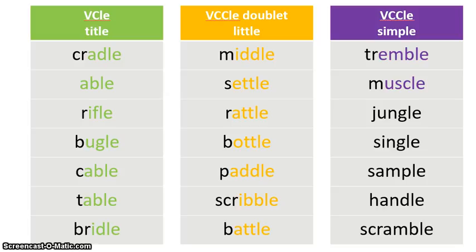Now you have the rest of those words there: jungle, single, sample, handle, and scramble. Okay, so what you need to do is take your purple colored pencil and highlight the vowel, consonant, consonant, LE pattern. Okay, so that is your spelling lesson for the week.